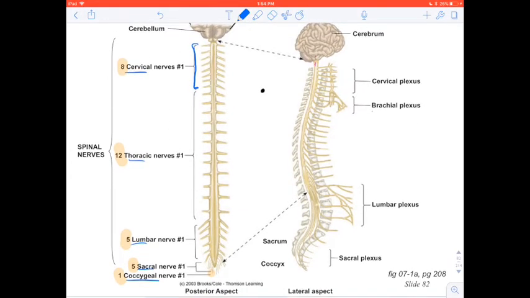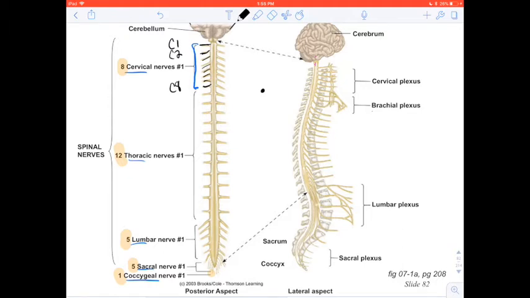We're going to call these by where they come out and their sequential numbers. So this first one here is my cervical nerve root 1, so we just call it C1. The second one is C2. We do this all the way down and we have C8. We can count that: C2, 3, 4, 5, 6, 7, and 8.